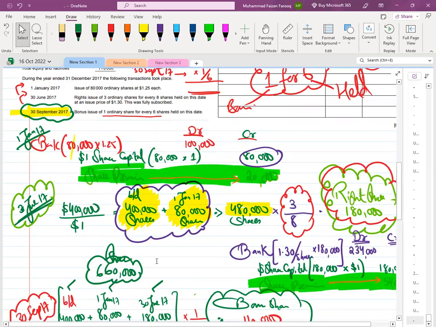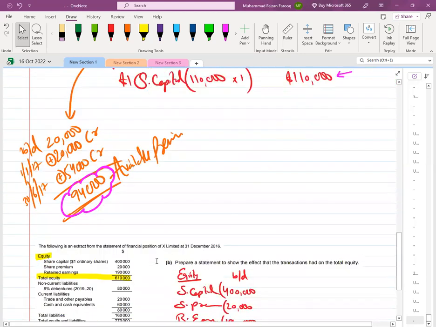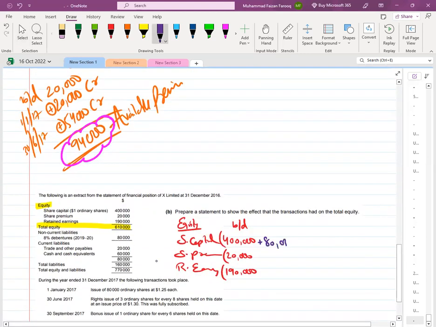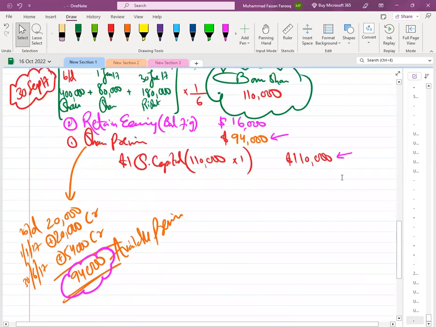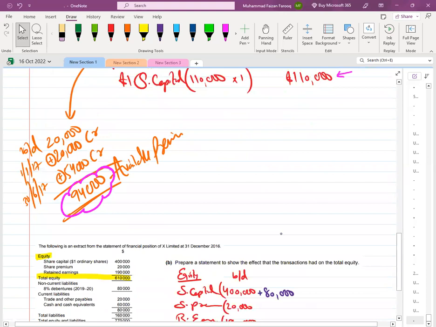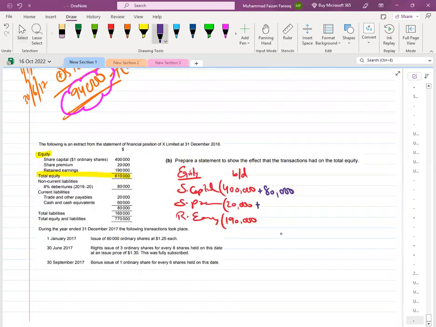Increasing, because equity increases on credit side. So 80,000 plus. What else in this one? We have premium credited. Premium is also an equity, and equity credit means increases on credit side. Very nice. Entry 1 is completed.